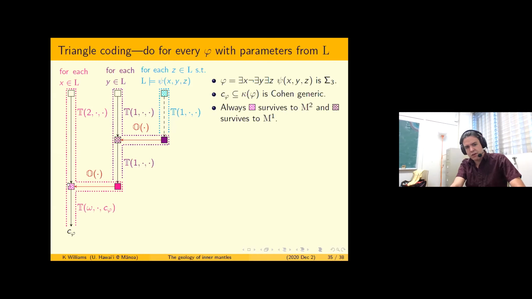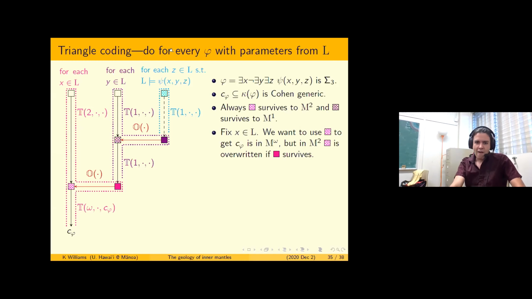So this pink code is in the second inner mantle for all x. This purple code is in the first inner mantle for all y and all x. That's just for free. Okay, and so if you fix an x, if one of these pink codes survives, then C phi is going to be in the omega inner mantle.